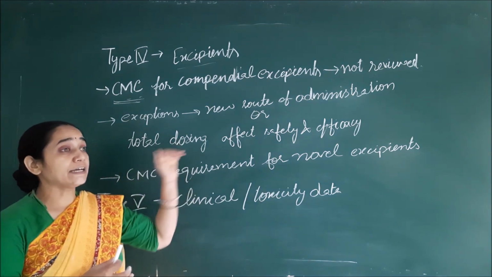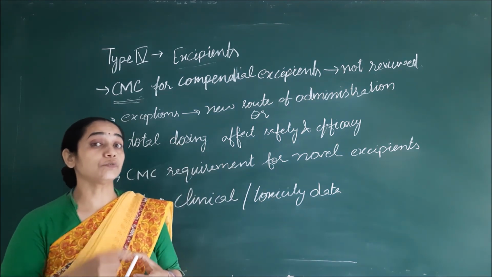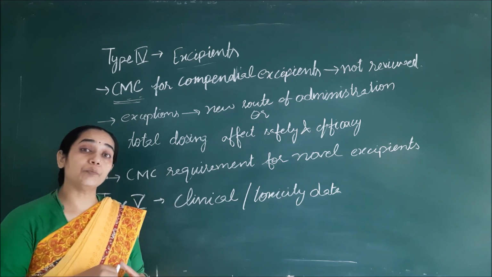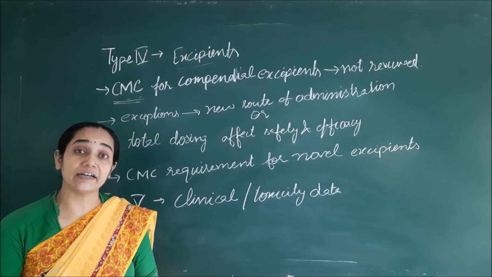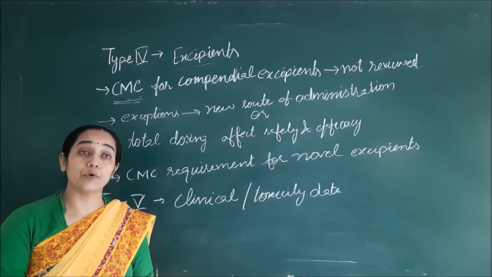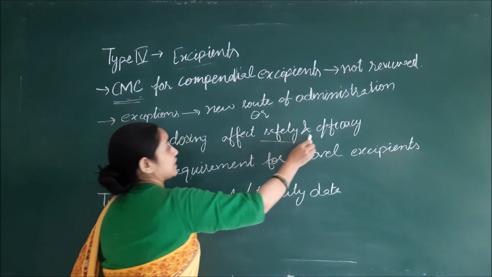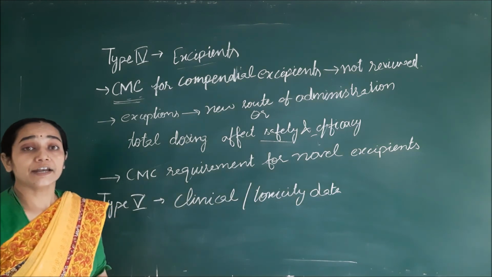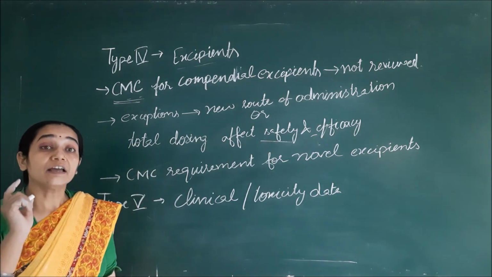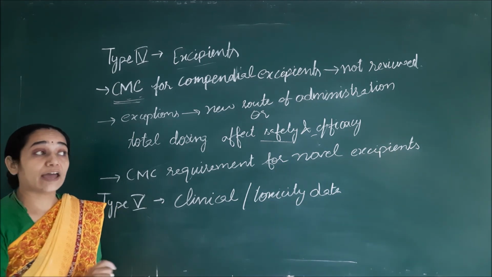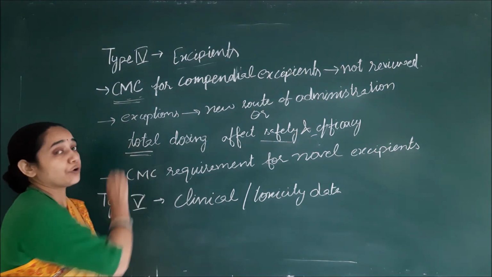But if I have increased the amount of spray-dried lactose in the formulation, that increment in the inhalation formulation may affect its safety as well as its efficacy. If it is going to affect safety and efficacy, then there is an urgent requirement that the DMF should be formulated.